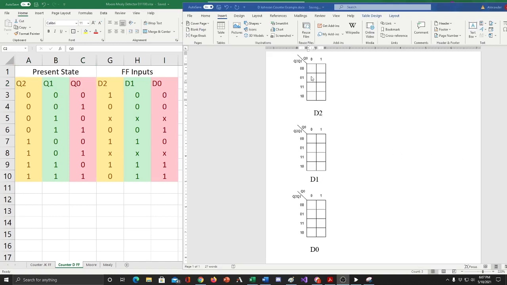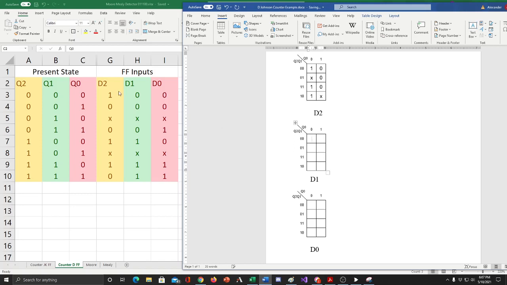Okay, so now I have a fresh set of Kmaps. Again, the flip-flop inputs are going to be controlled by these present states, so we'll just fill it in order. This time we get 1, 0, x, 0, 1, oops, down here it's 1, x, and then 1, 0.